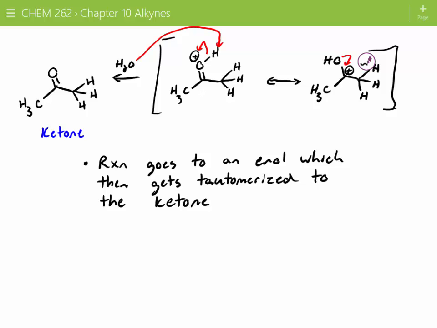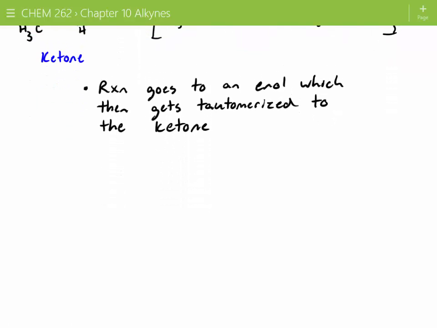So. All right, let's do some example problems so we can kind of see this reaction as it proceeds. Is it okay if I scroll up? Okay. So let's do this example.